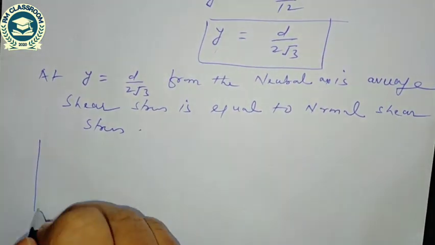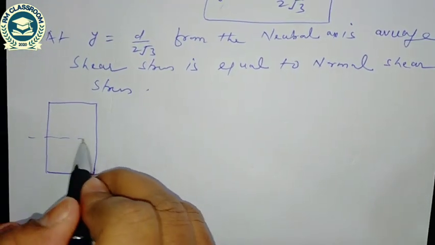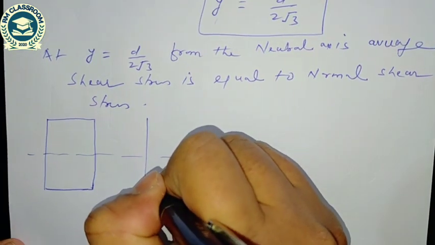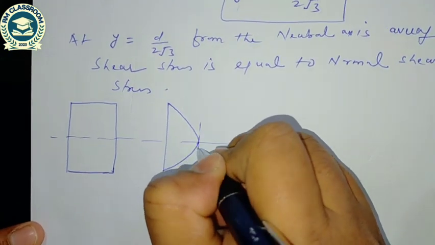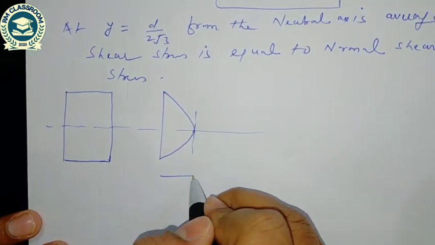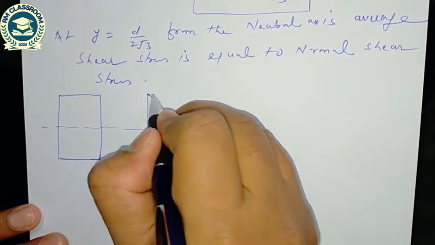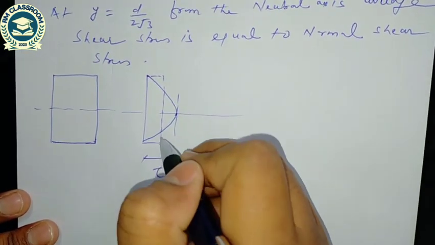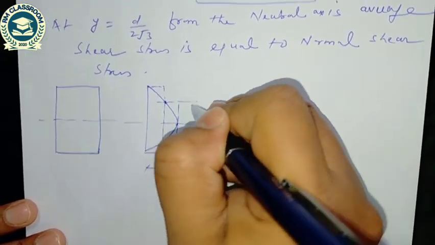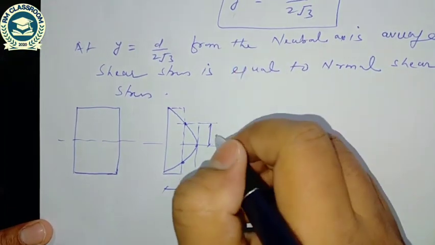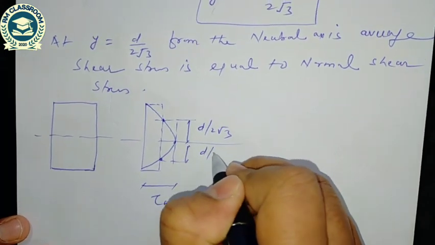So if this is a rectangular section and this is the diagram, we have seen the distribution of shear stress. This point is maximum shear stress, tau max. So at this distance and this distance, where normal shear stress and average shear stress are equal, that is d by 2 root 3, and this is also d by 2 root 3.